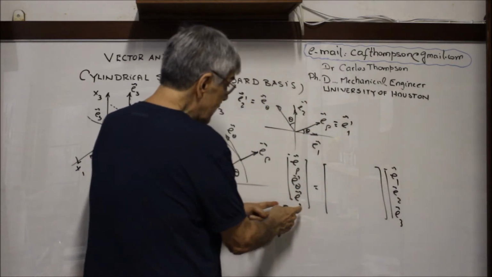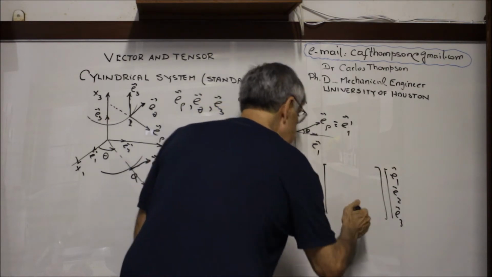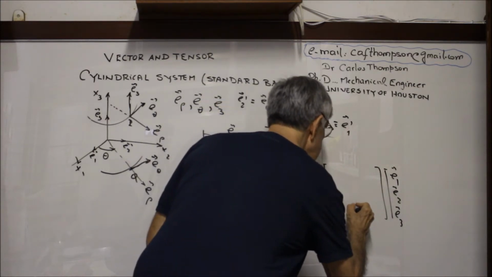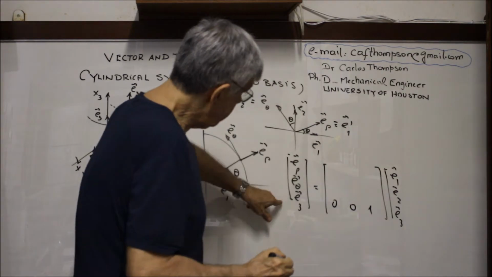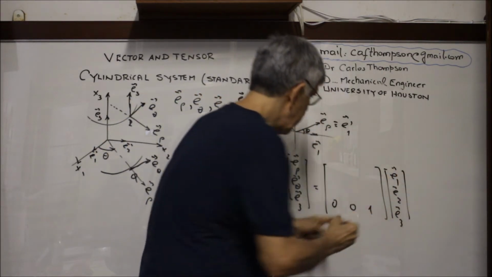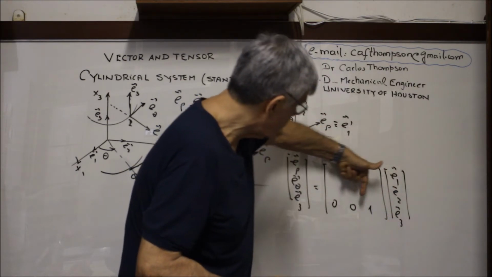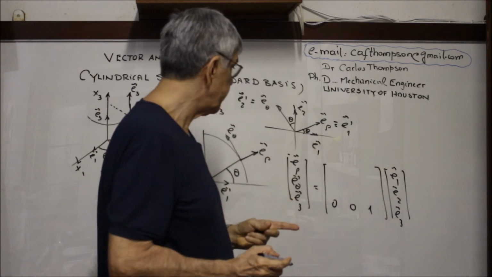Since they are the same, the third row here will be 0, 0, and 1. Because if I multiply this row by this column, I have 0 times E1, 0 times E2, and 1 times E3.